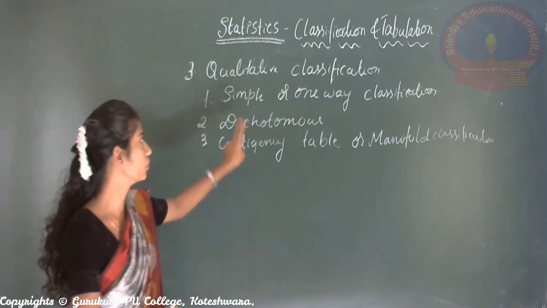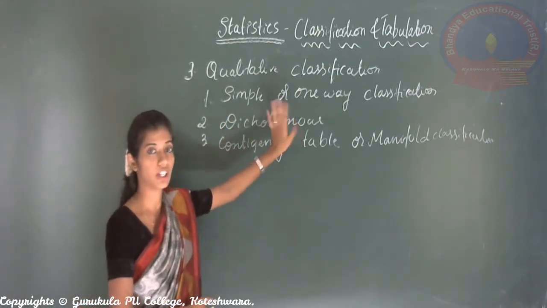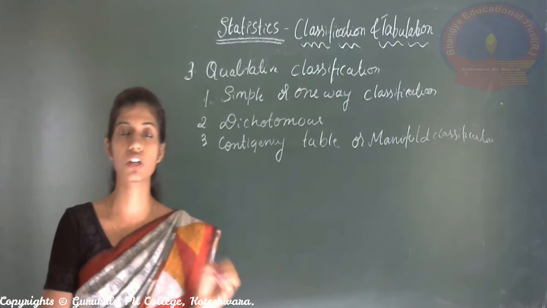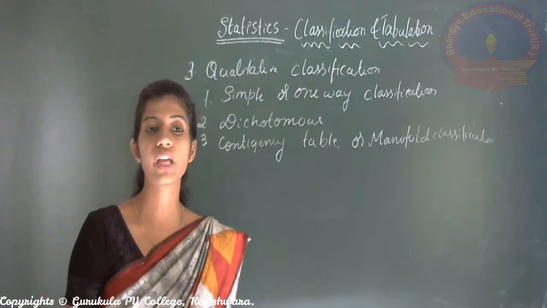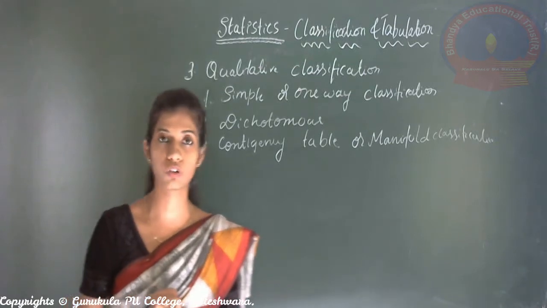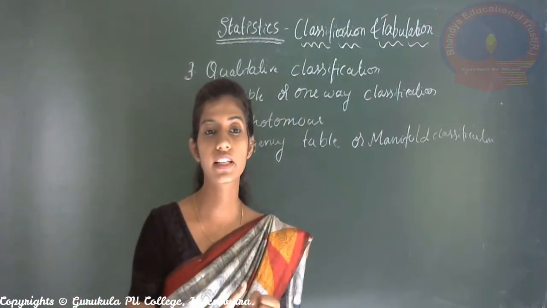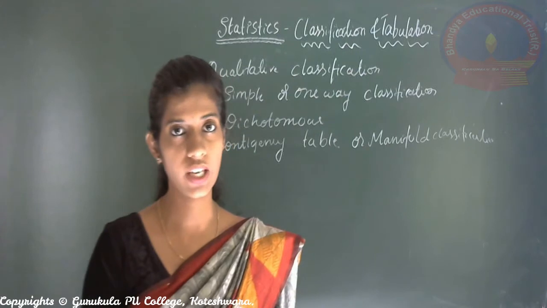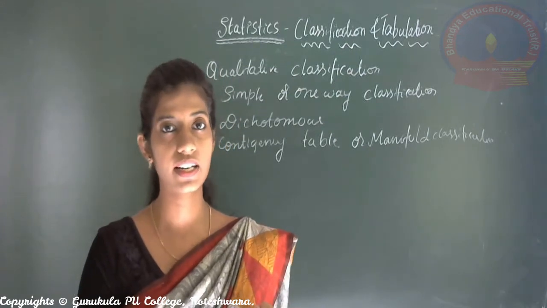Simple or one-way classification is a classification of the units based on a single characteristic. You can consider any characteristic. It should be a single classification on the basis of a single characteristic.